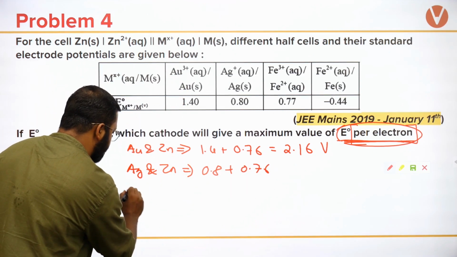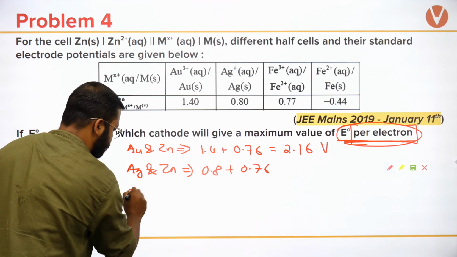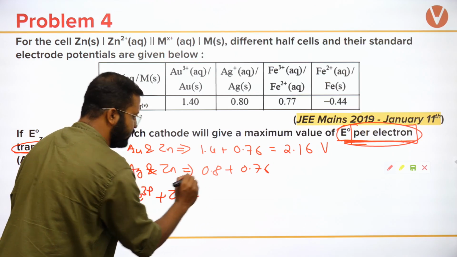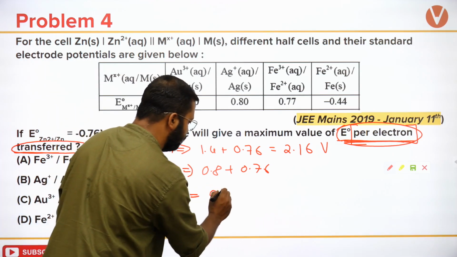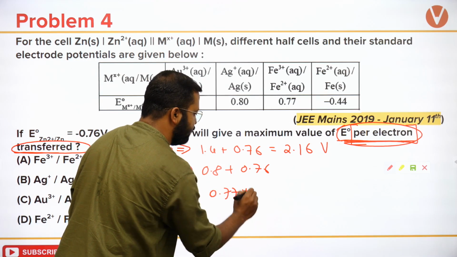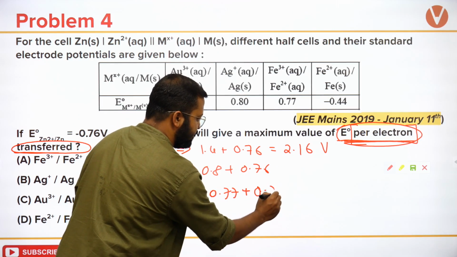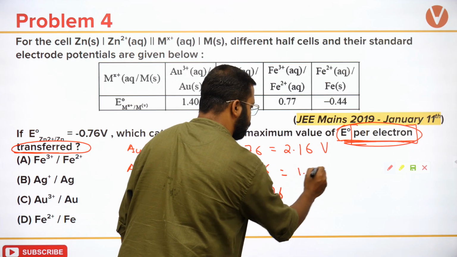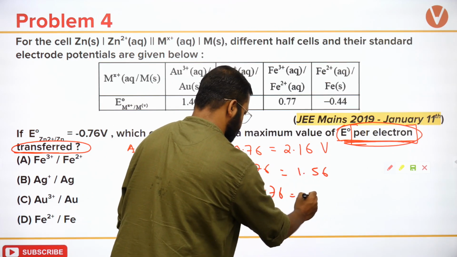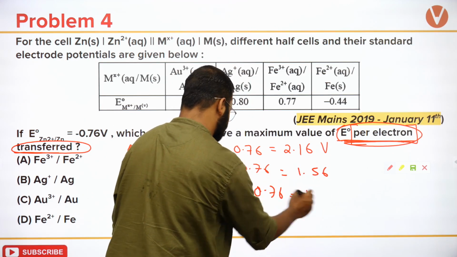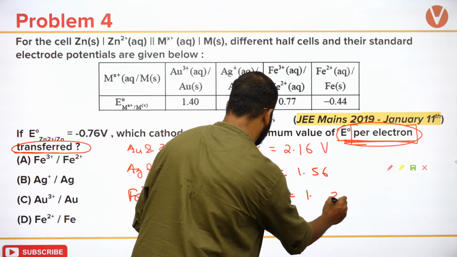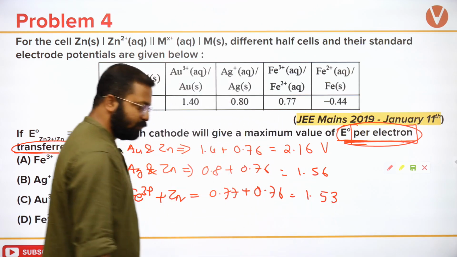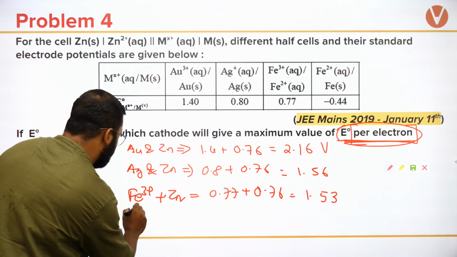If I take Fe3 plus and combine it with zinc, 0.77 plus 0.76, this will be 1.53.